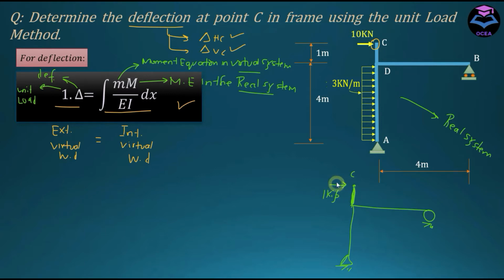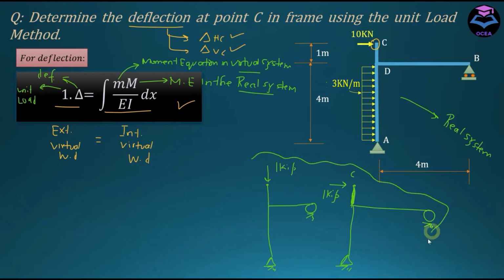If I want to find the deflection in the horizontal direction, I apply a unit load in the lateral direction. On the other hand, if I want to determine the deflection in the vertical direction, I need to apply a unit load in the vertical direction.